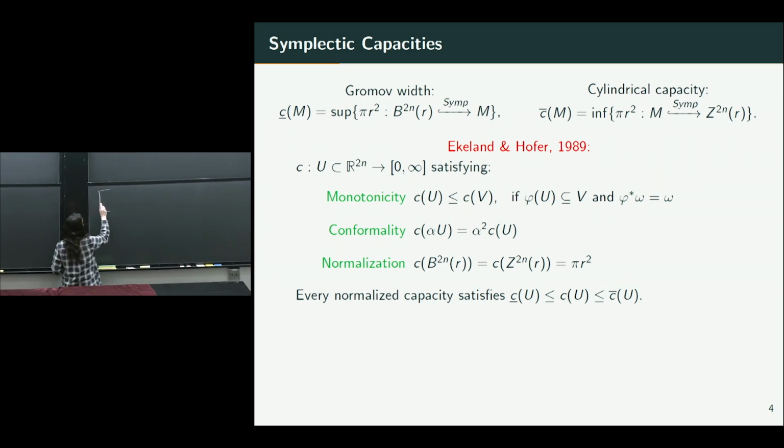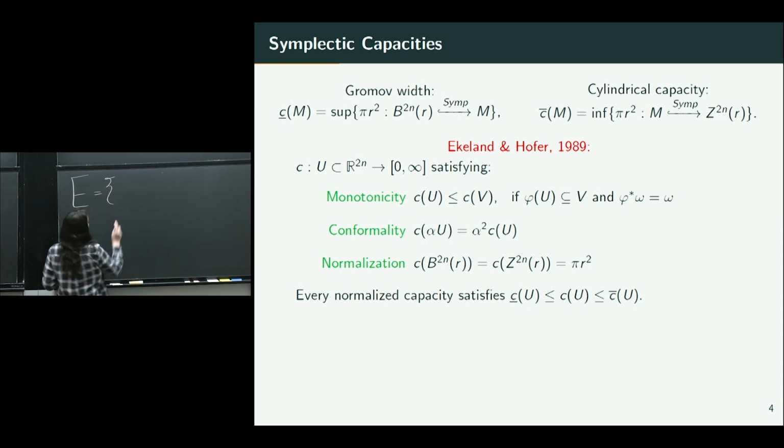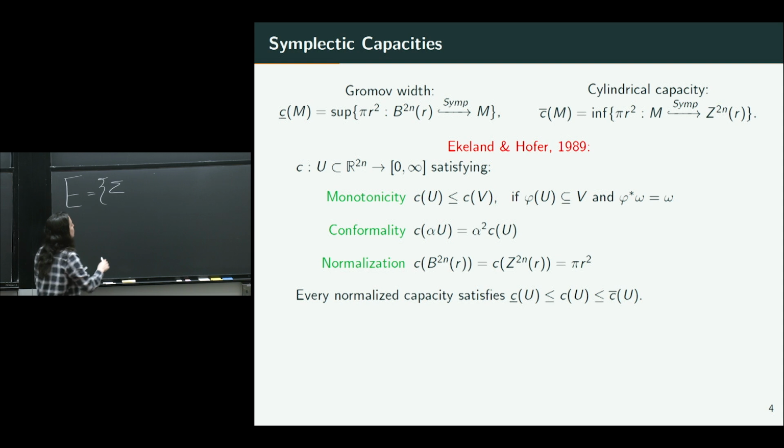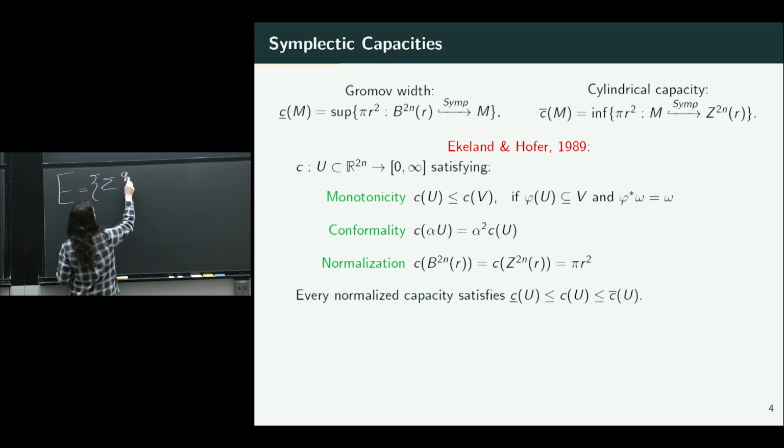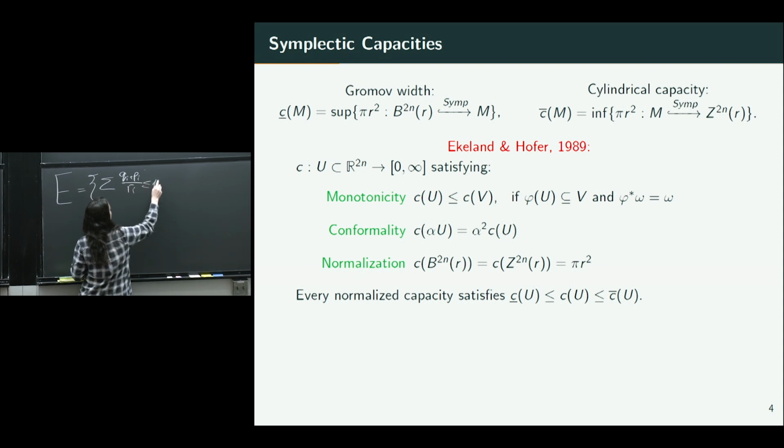So if we consider an ellipsoid, up to a symplectic linear image, we can assume it takes the form of the sum of (q_i squared plus p_i squared) over r_i squared smaller than 1.